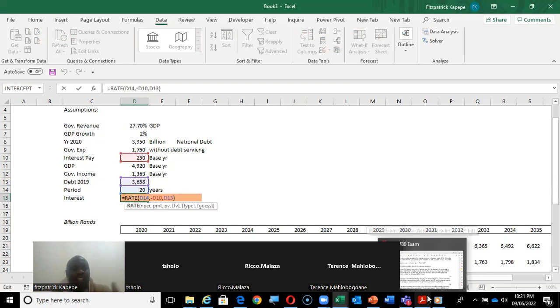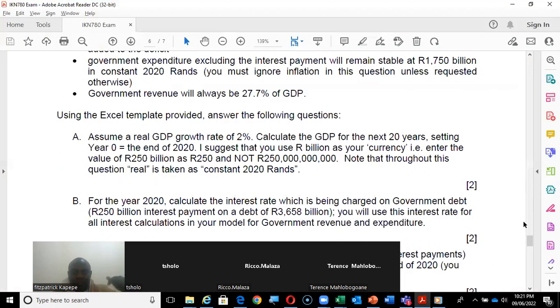What were the instructions? Because I thought you use the best year, for 2021 you determine that rate, and that's the rate you use going forward. It was saying, for the year 2020, calculate the internal interest rate being charged on government debt of 250 billion, interest payment on a debt of 3658. You use this interest for all interest calculations in your model for government revenue and expenditure. So I made the mistake.